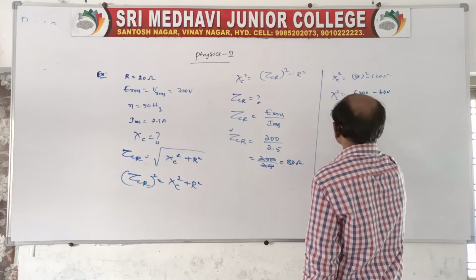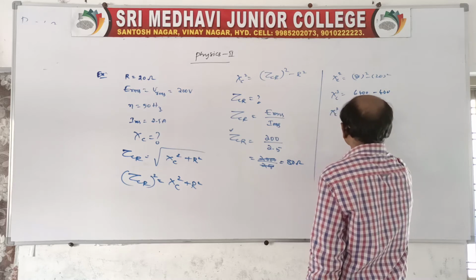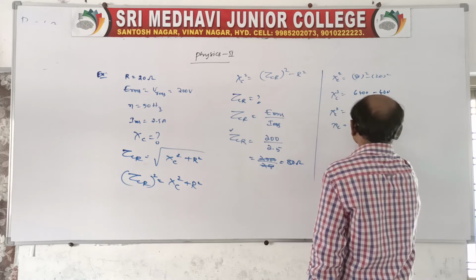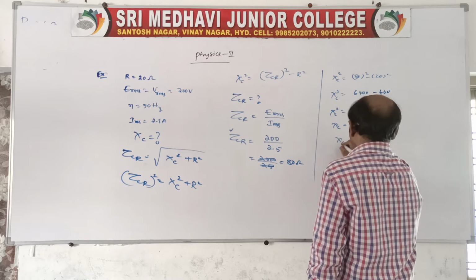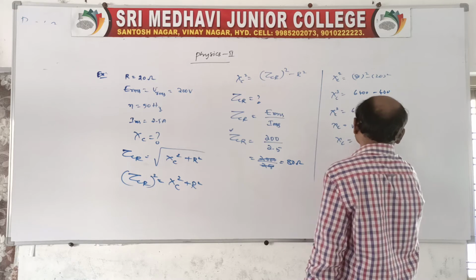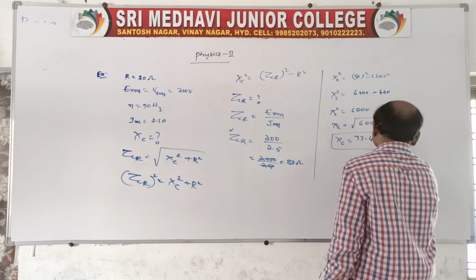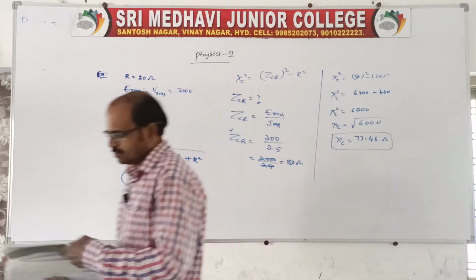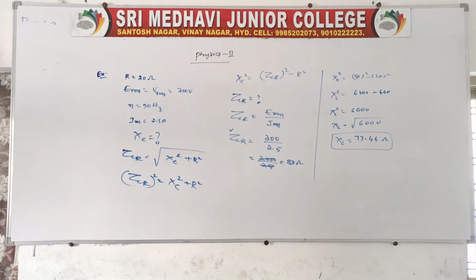So XC square is equal to 6000. So XC is equal to root over 6000. If you simplify this, approximately we get 77.46 ohms. This is one problem related to the capacitive circuit. Better you go through this question.